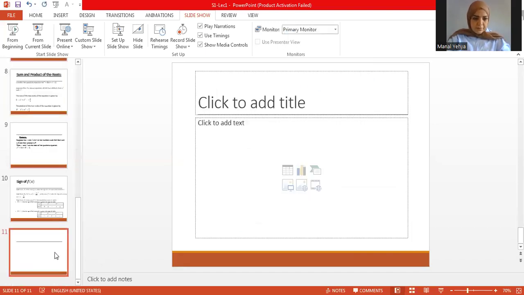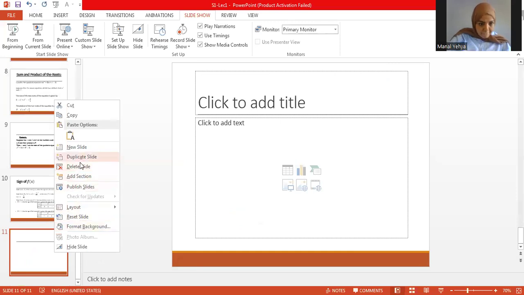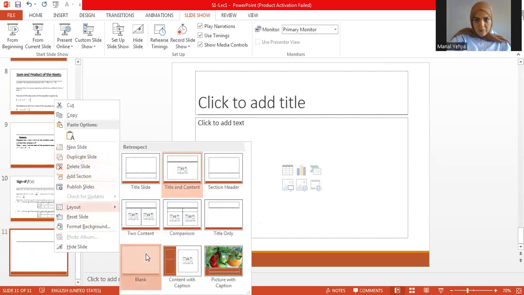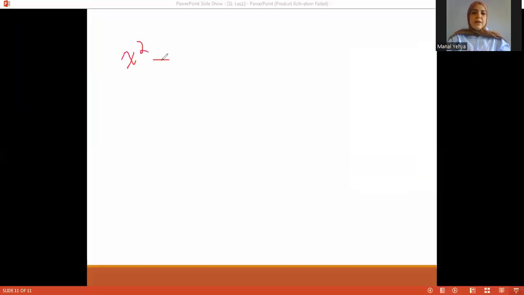Suppose we have this equation, x squared plus 8x plus 1 equals 0. Okay, I will take another example, which is easier to solve by using a, b, c.